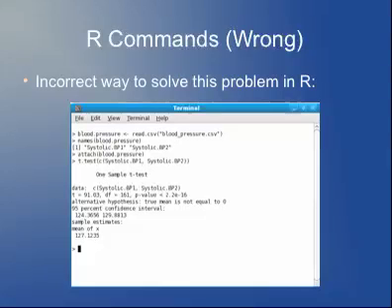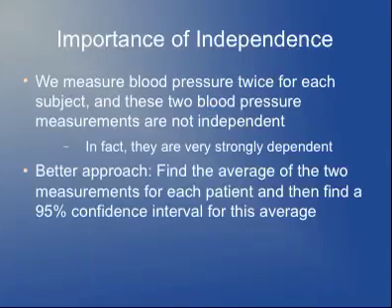But, as I said, we measure blood pressure twice for each subject. They're not independent, they're very strongly dependent. So a better way to do this is to just average the two blood pressure measurements for each patient and then take the 95% confidence interval for this average.